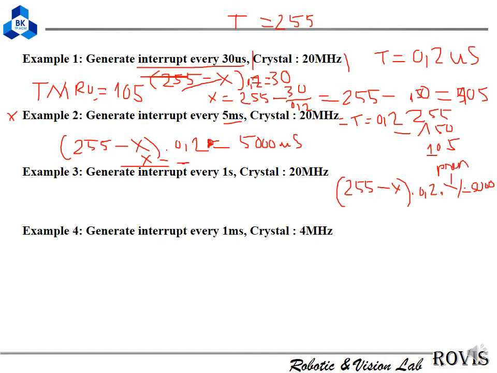This y will be the prescaler we have to set. So x will be 255 minus 5,000 divided by (0.2 multiplied by y). For example, here we choose y equal to 256, the maximum.